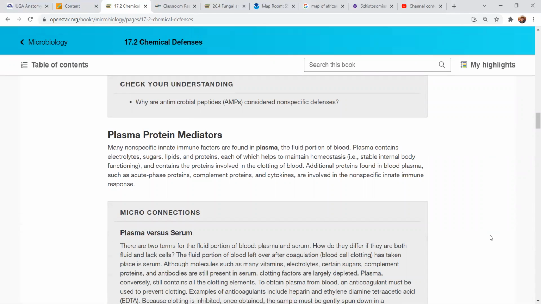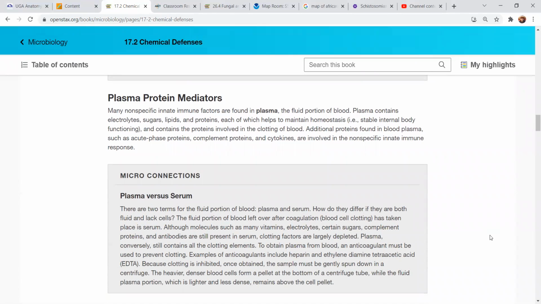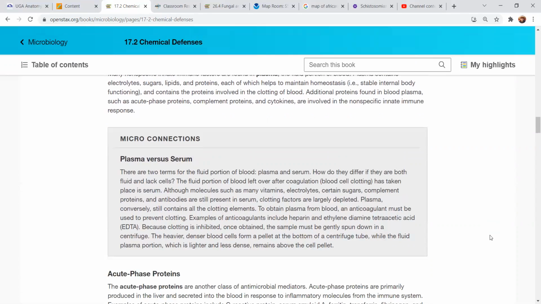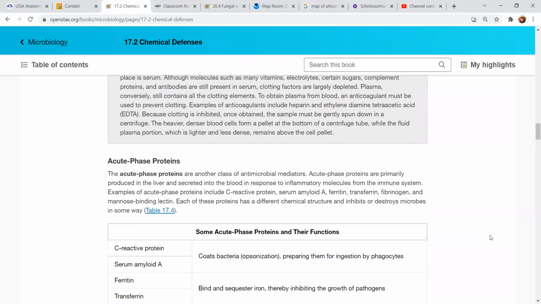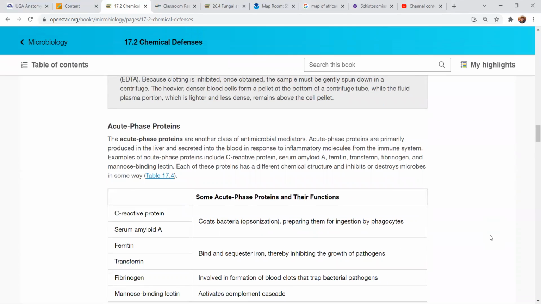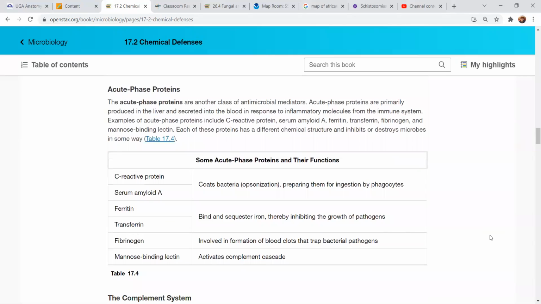Then we have some proteins in plasma, which is the fluid portion of blood. We have complement, acute phase proteins, and cytokines. Acute phase proteins are antimicrobial mediators primarily produced in the liver. They get into the blood in response to inflammation.